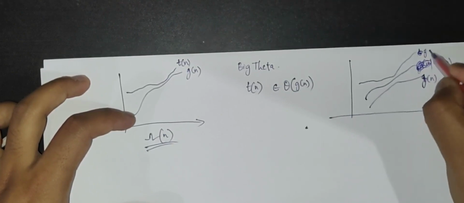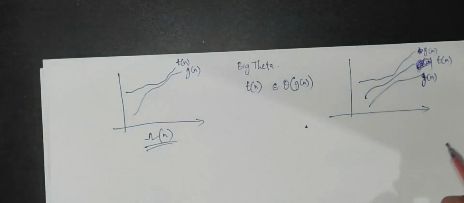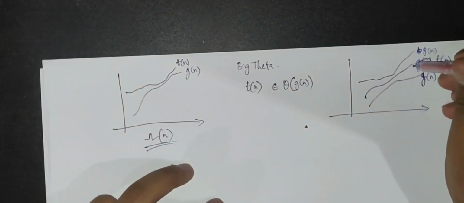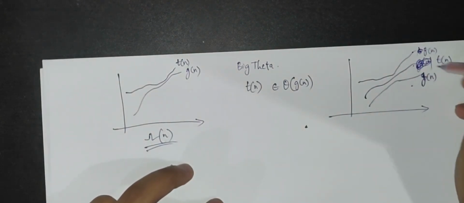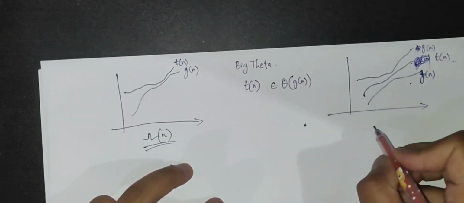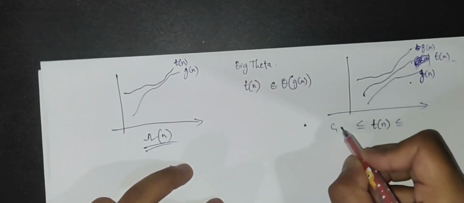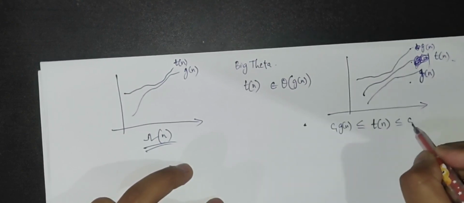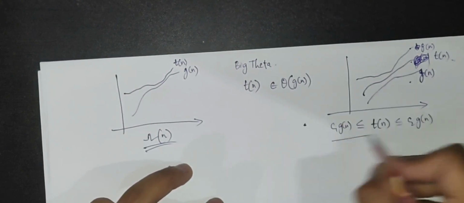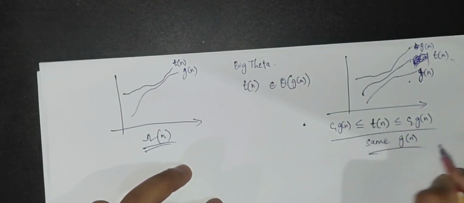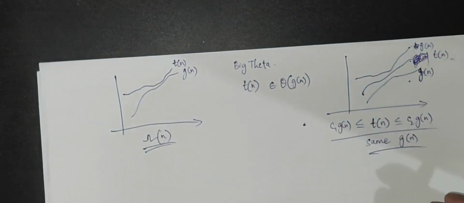In this case, t of n is bounded above and below by some constant multiples of g of n. This has the same order of growth as g of n. So this is big theta of n.